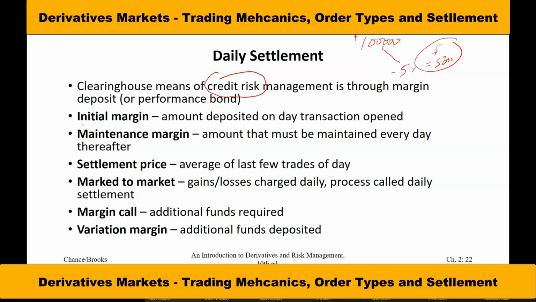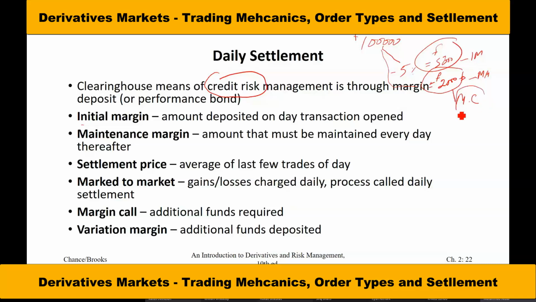And then a maintenance margin: at any point of time in my account, the minimum maintenance margin should be, let's make it, 2,000 pounds. So if I suffer losses and my margin starts falling, if it reaches 2,000 or below 2,000, then I will receive what we call a margin call.